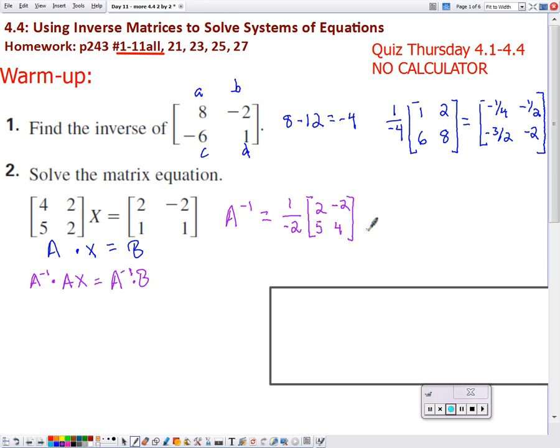Now when I distribute, I'm just going to be really thoughtful about it. I'm going to have negative 1, positive 1, negative 5/2, and negative 2.